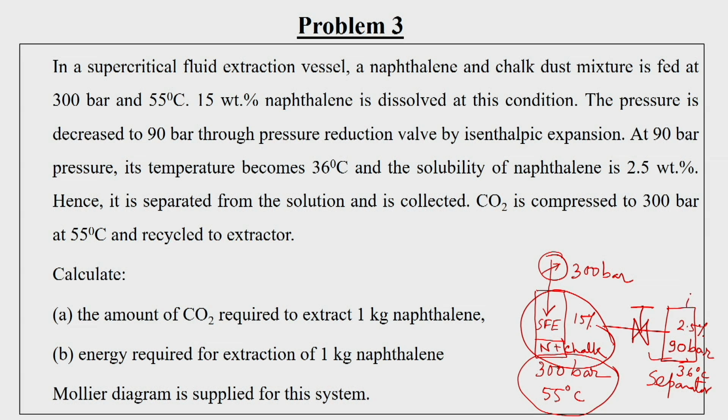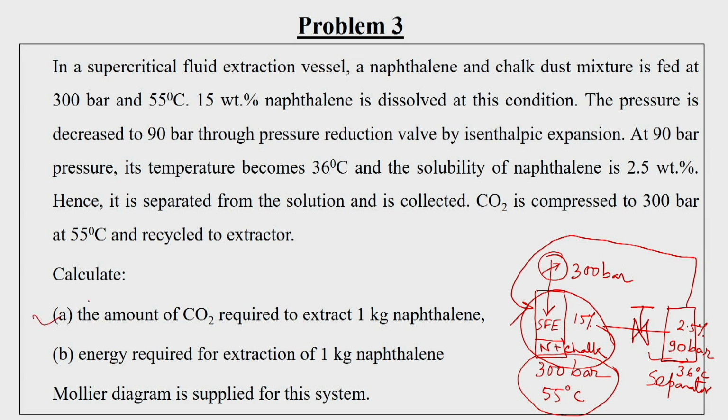Then this carbon dioxide is again compressed to 300 bar and fed into the supercritical fluid extraction unit, from 36 degrees Celsius and 90 bar to 300 bar and 55 degrees Celsius.